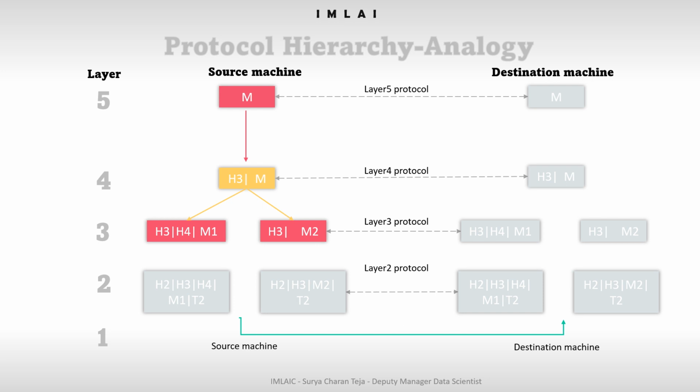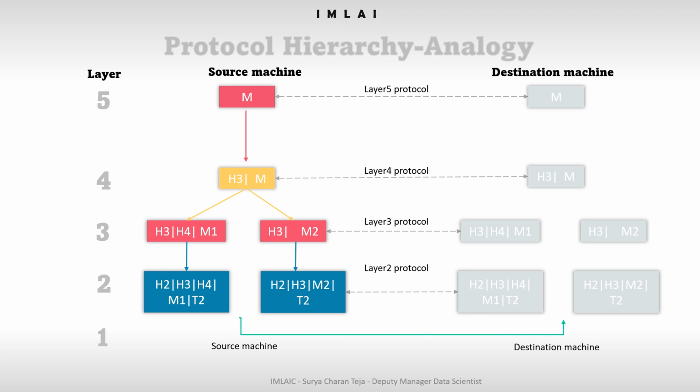Layer 3 decides which of the outgoing lines to use and passes the packets to layer 2. Layer 2 adds to each piece not only a header but also a trailer, and gives the resulting unit to layer 1 for physical transmission. All this data, with the header and trailer and the main message, is transmitted through the physical layer to the destination side.